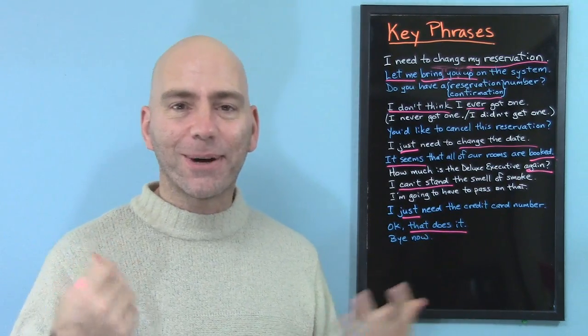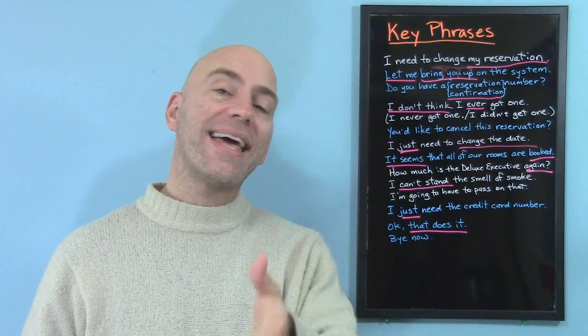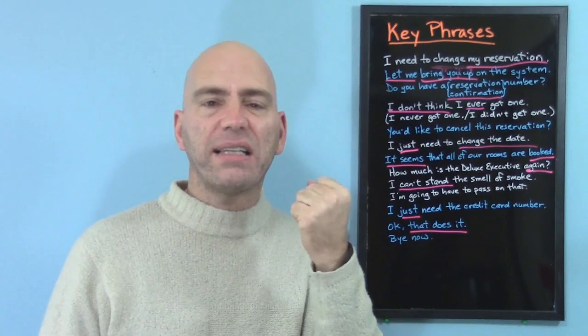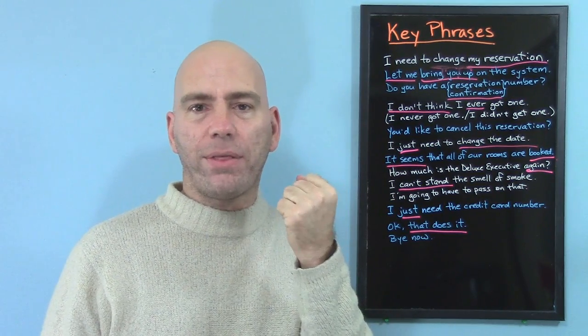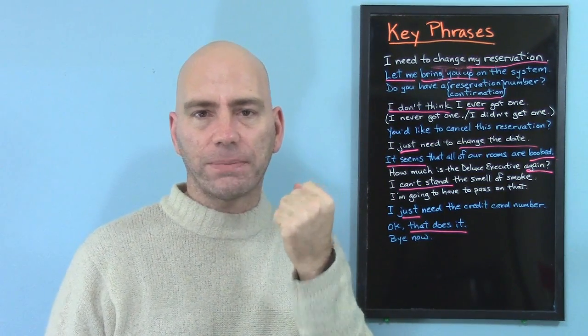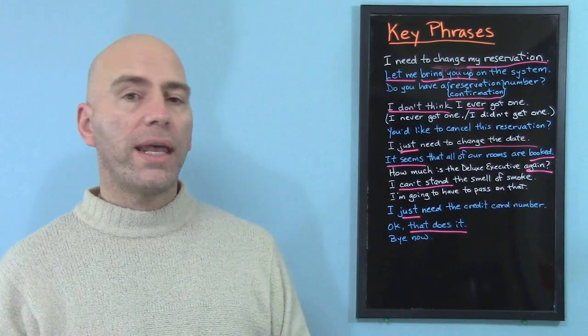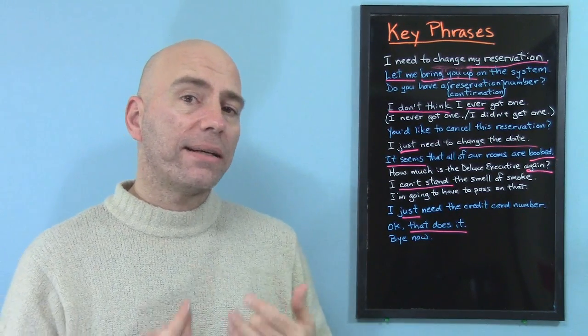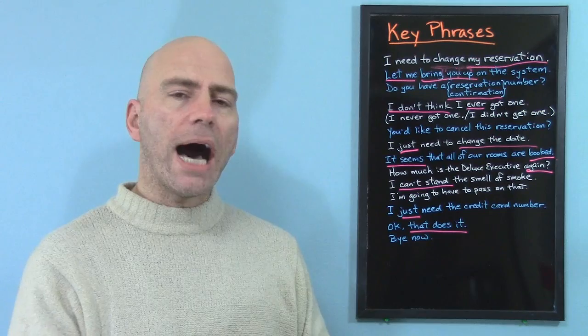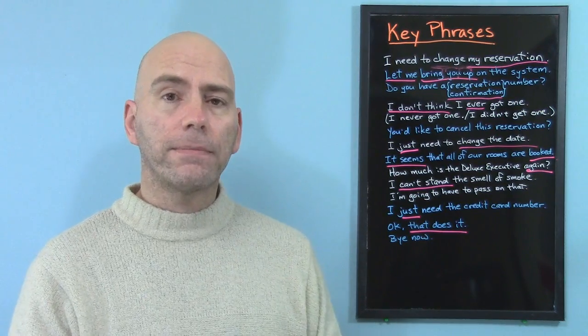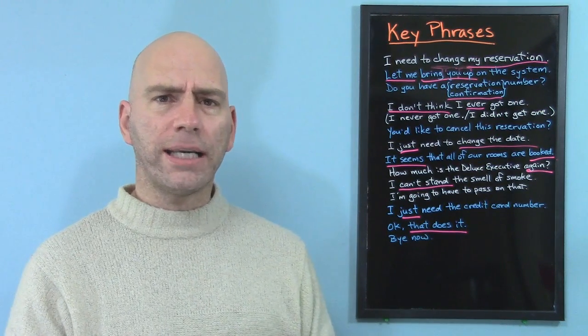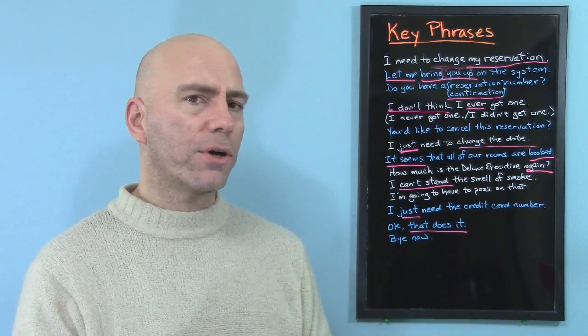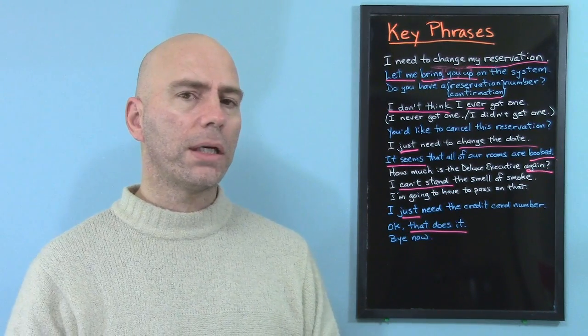What's the problem? So then she says, well, I sent you an email this morning and you didn't answer. Then I might say, instead of "I didn't get an email," I never got an email from you.